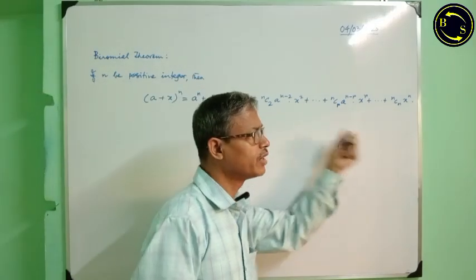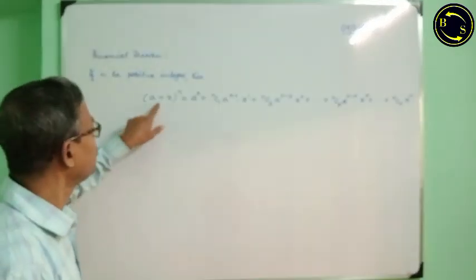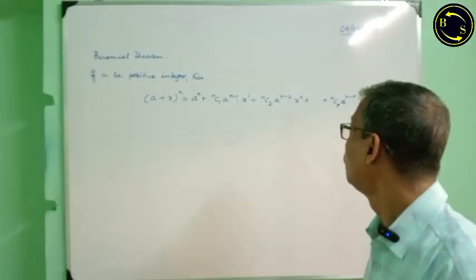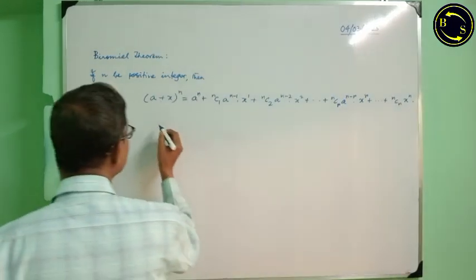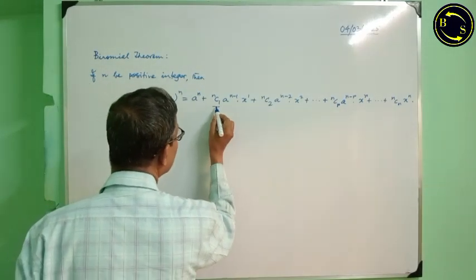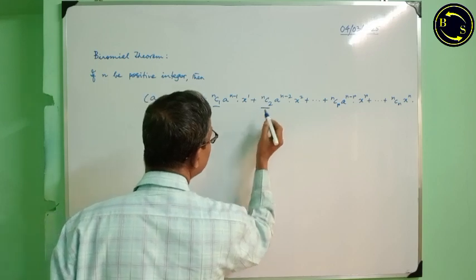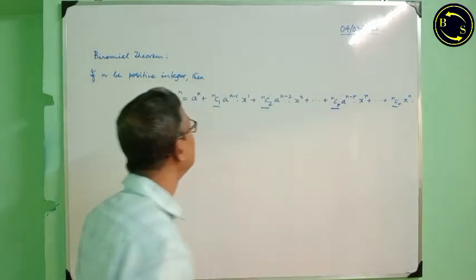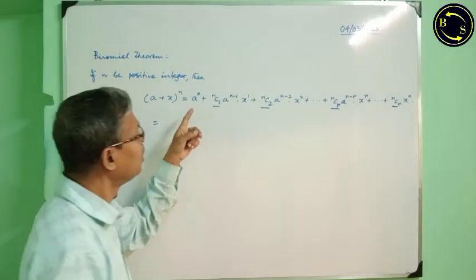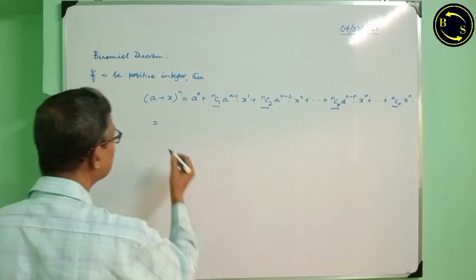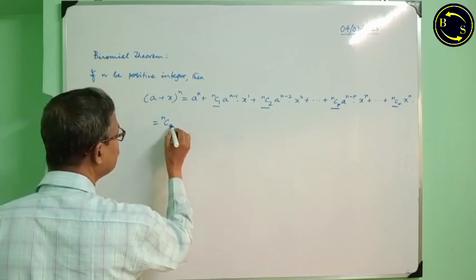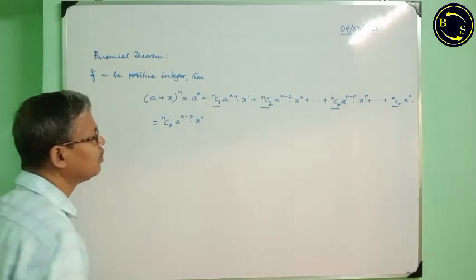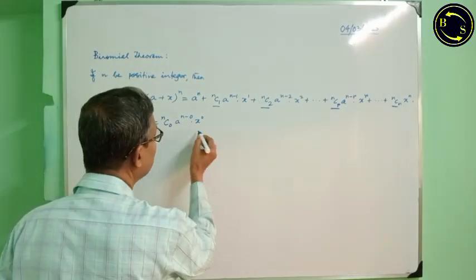This expression on the right side of the equality is the expansion of a plus x whole to the power n, where n is a positive integer. This can also be written, keeping in mind these coefficients, nc1. As we know, nc0 is 1, therefore we can write nc0 a to the power n minus 0 x to the power 0. As x to the power 0 is 1, we can write this.